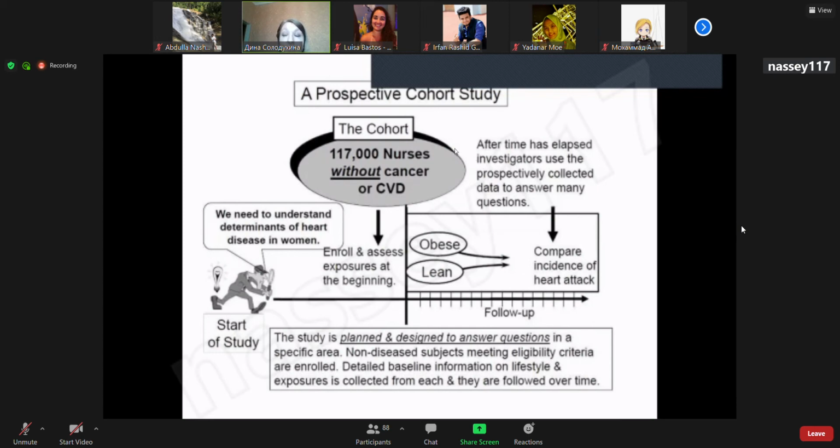Otherwise, the follow-up period can be extremely long, and technically it will be very difficult to follow up if we know that exposure has not contributed much, and probably we will prolong the follow-up as much as possible.